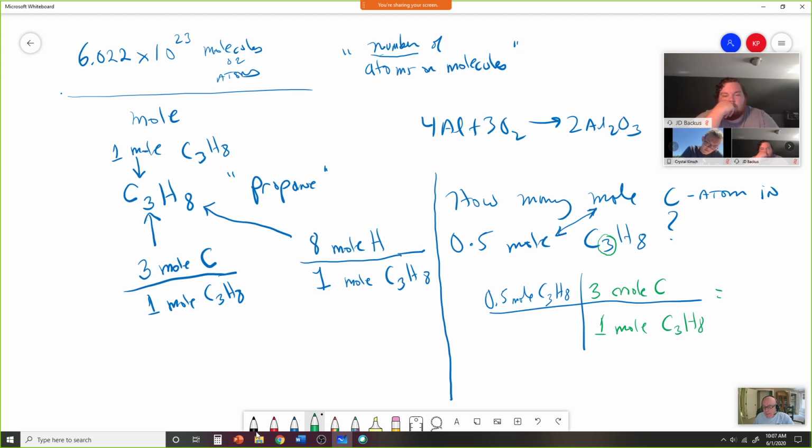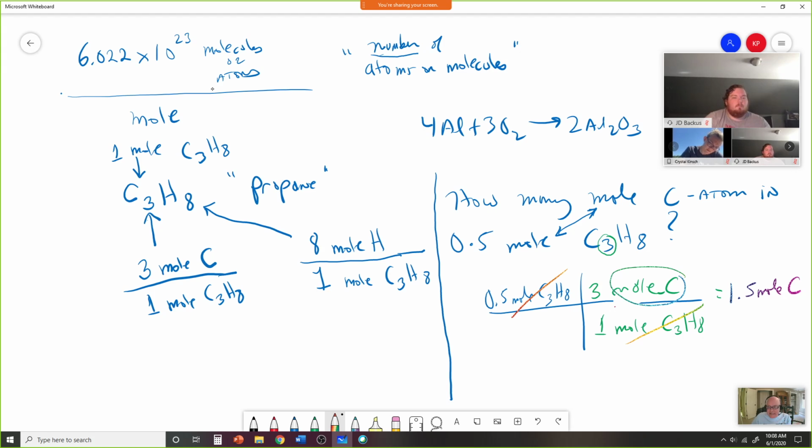And look, moles carbon is right there, and I didn't mean to cancel that, by the way. Let me just redo that. Mole carbon, and then look down here. We have moles C3H8 propane, and that does cancel. See? It cancels. And what are you left with? Moles carbon. And so 3 times that would give me 1.5 mole carbon. 1.5 mole carbon.